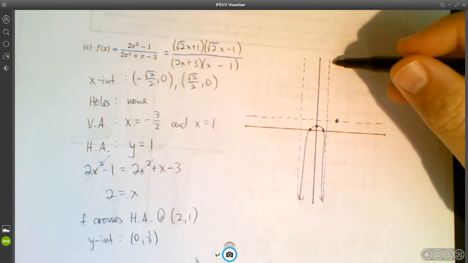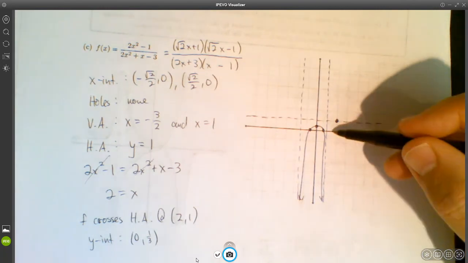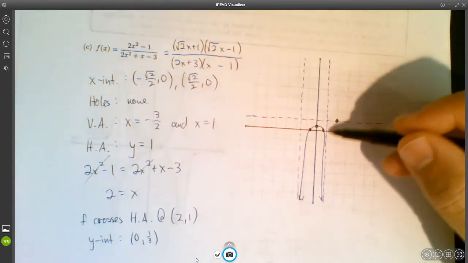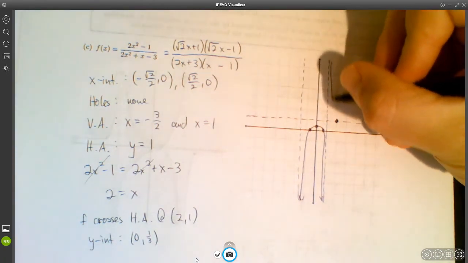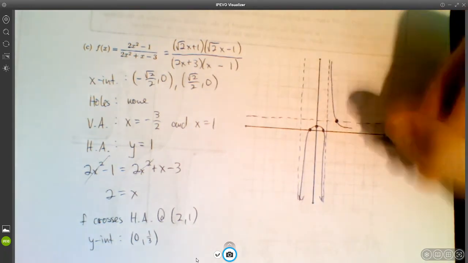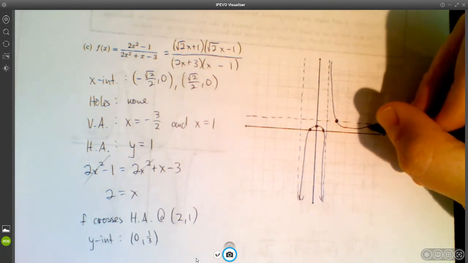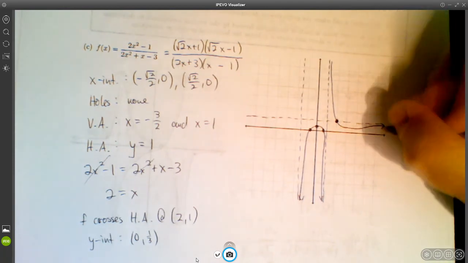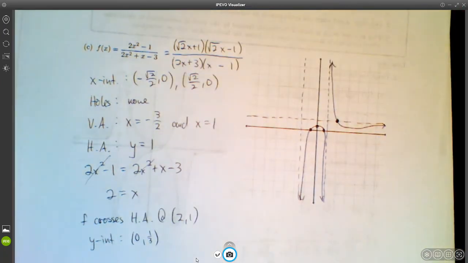I think it's got to come from up above and not down below, because if it came from down below, it would have to cross the x-axis somewhere, and we know that we don't have any x-intercepts over here. So it must come down from up above, cross through right there, and then it's not allowed to hit the x-axis over here, right? No x-intercepts, so then it starts to come back up like that. So that's what it must look like on the right-hand side.